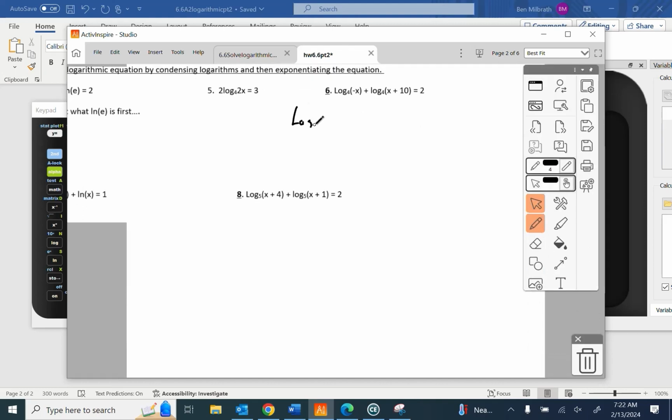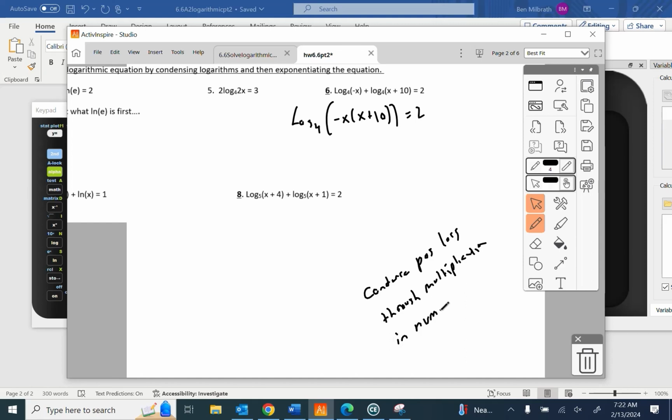This becomes a log base 4, and inside it is a negative x times x plus 10. Because, again, we condense positive logs through multiplication. And that's just what we do.